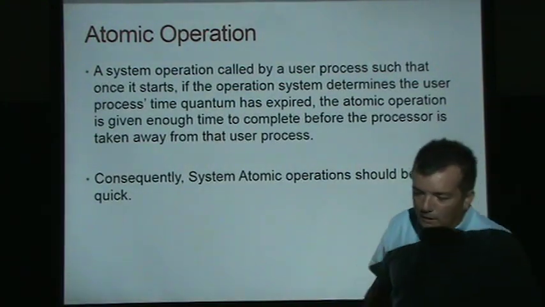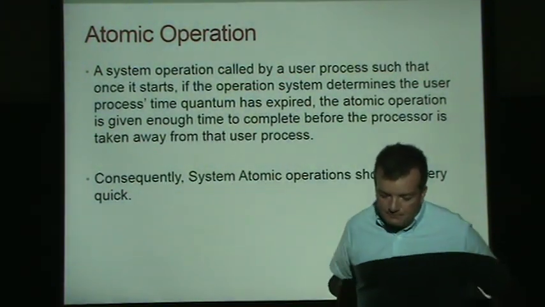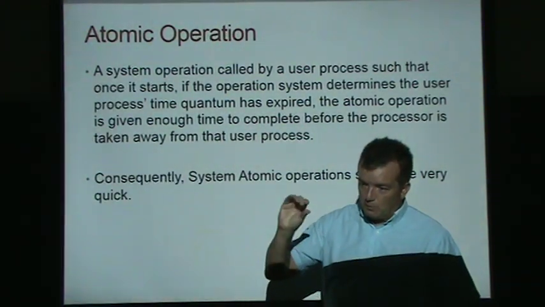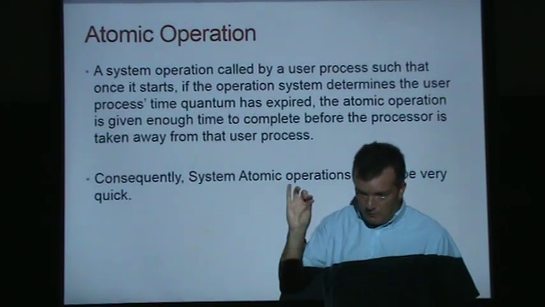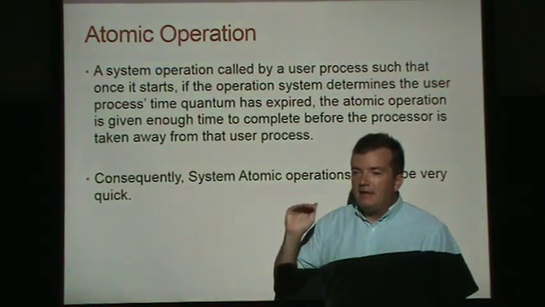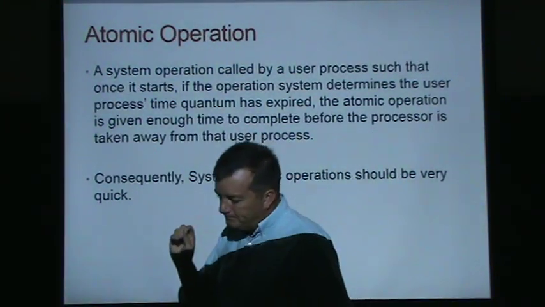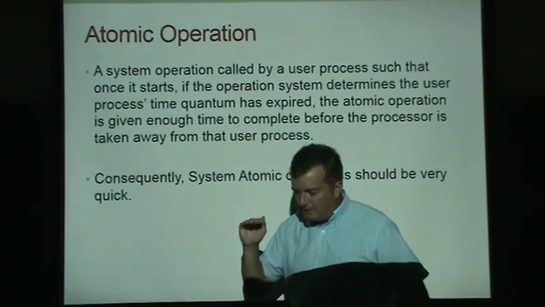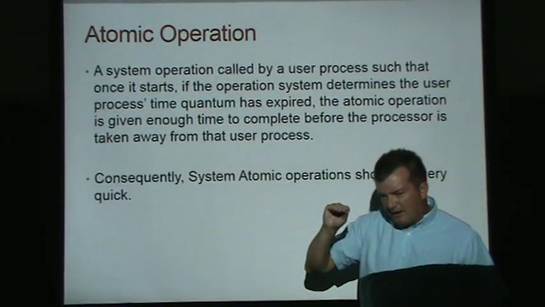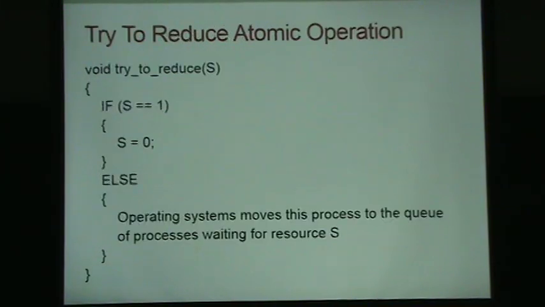So we don't want to allow users to do that because they'll make their whole program an atomic operation. But the operating system will provide very, very small, very quick methods or functions that, once called, if the time quantum ran out during the call, would be given an extra amount of time just to finish up. So these will be called system methods.